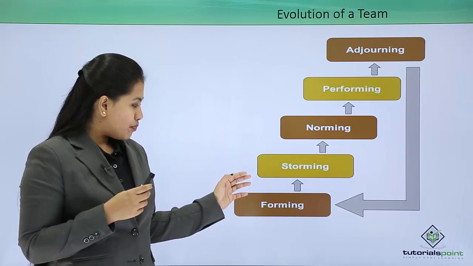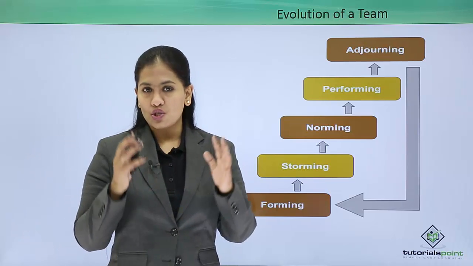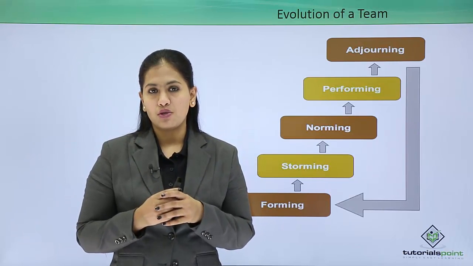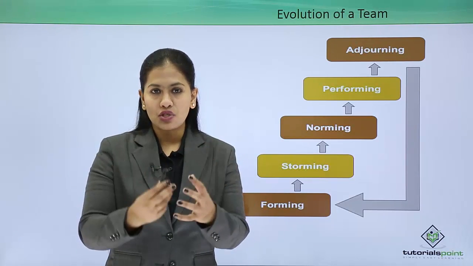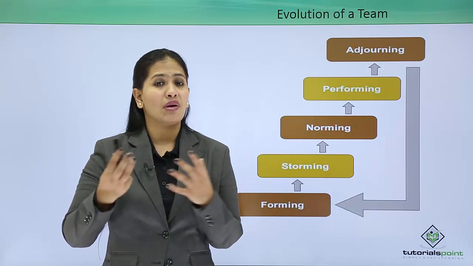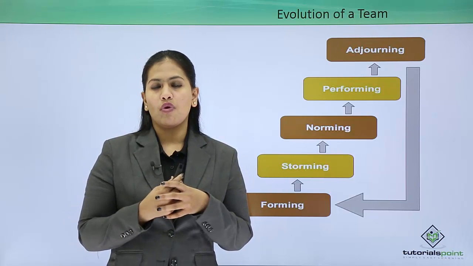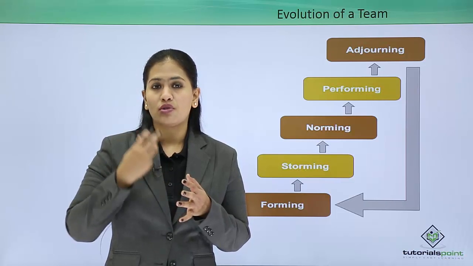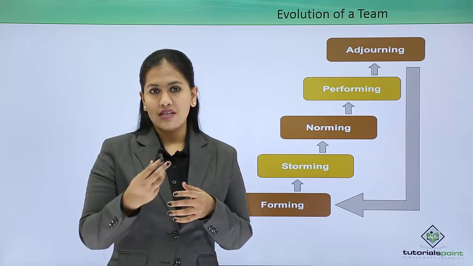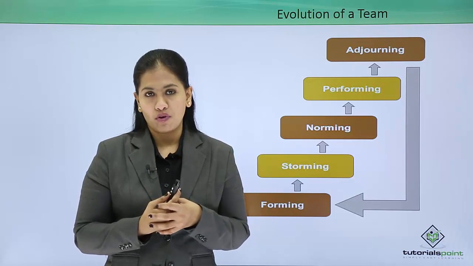Forming is the first stage in team building, where you are introduced within the team and your team members get to know you and also their own needs and desires while they work with an unknown group of people.